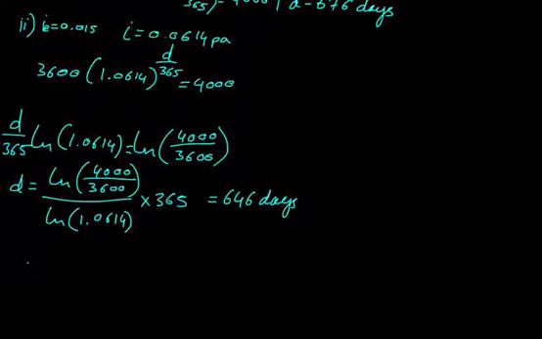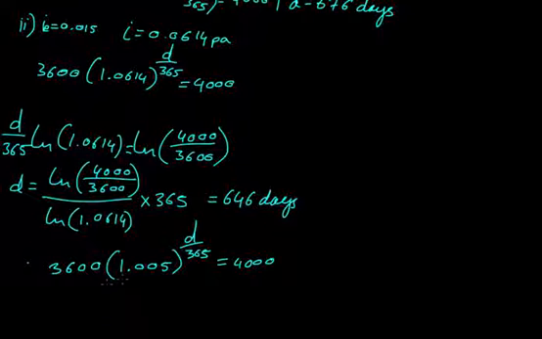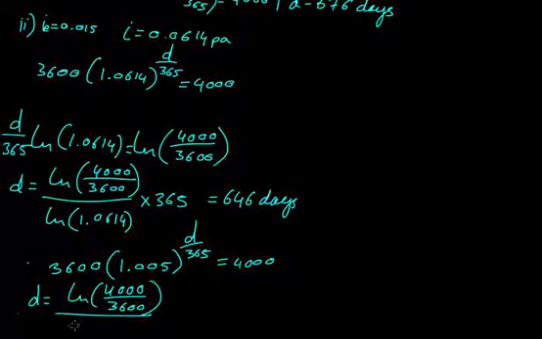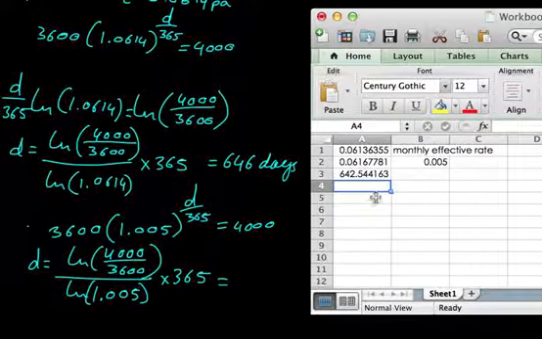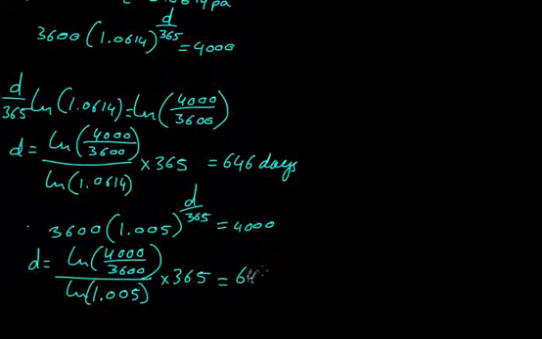I'll even just show how that will look. 3,600 times 1.0 something to the power of D on 365 equaled 4,000, and so D equals ln of 4,000 on 3,600, divided by the natural logarithm of our new effective rate, times 365. That's all that really changed, and it equaled 643 days, which is less than the previous one.